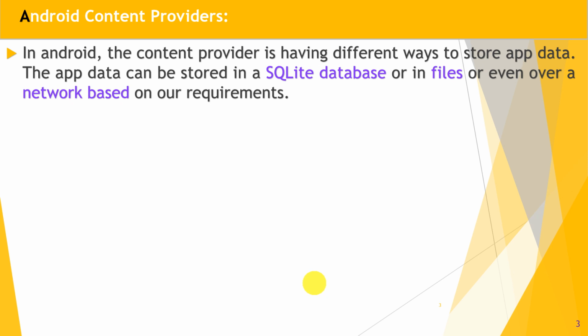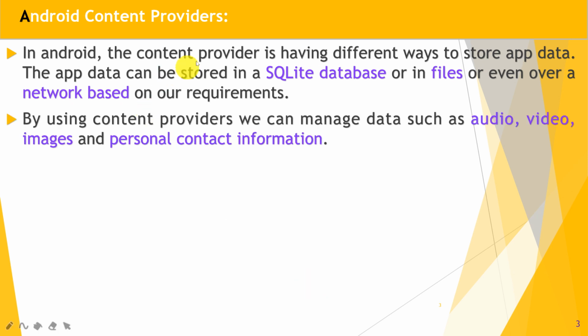In Android, the content provider has different ways to store the app data. The app data can be stored in the SQLite database, in files, or even over a network, based on our requirements. So these are three different storage areas where we can store the data, mostly SQLite database, files or network.